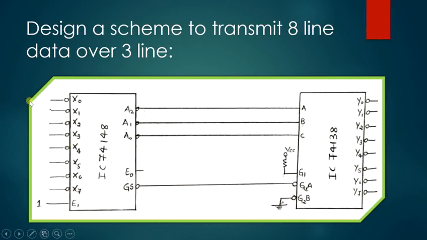And you have 8 inputs which are going to be transmitted over a 3-line. So this particular design scheme is just a specification or a design meant to tell you as to how we can transmit 8-line data over a 3-line. Okay.